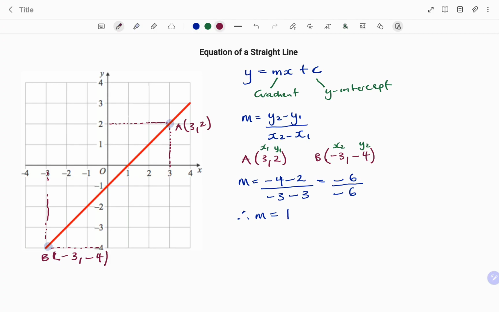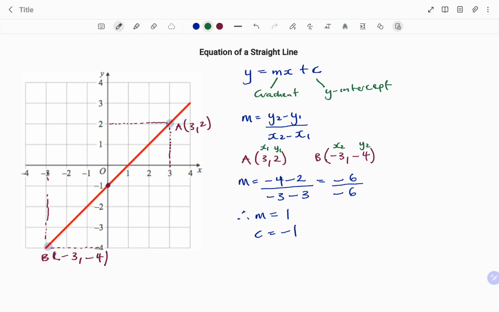To find my y-intercept, I need to go back to the graph and find the coordinate where my graph passes through the y-axis, that is where my value of x is 0. In this graph, my c is equal to negative 1, as shown.